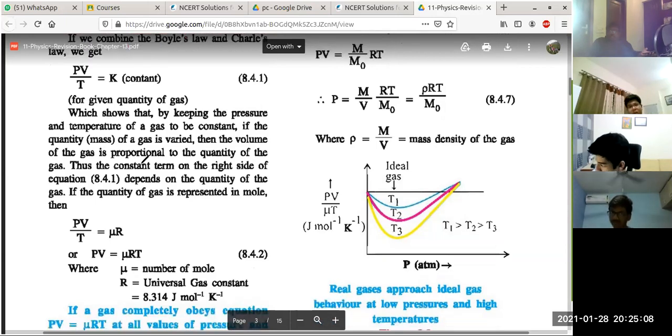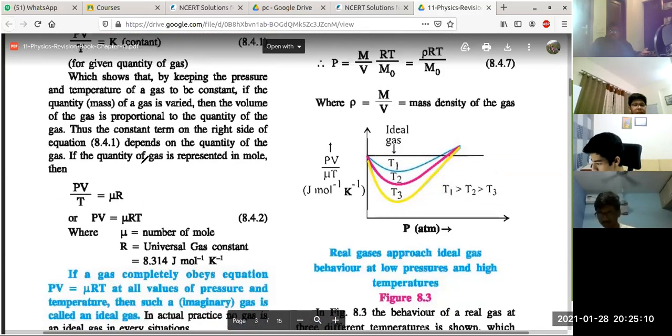Write this blue line. Explanation later. This line, very important line. Give me 1 minute.